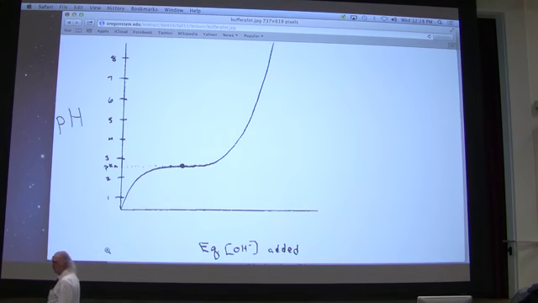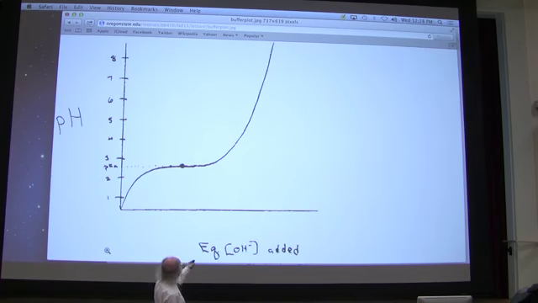What am I going to have to do? Removing OH, yes, but there's a better way of saying it. I would have to increase the concentration of protons. And how will I increase the concentration of protons? Adding a strong acid.